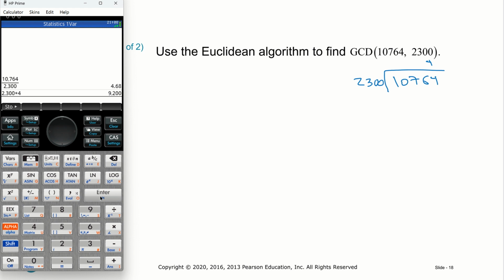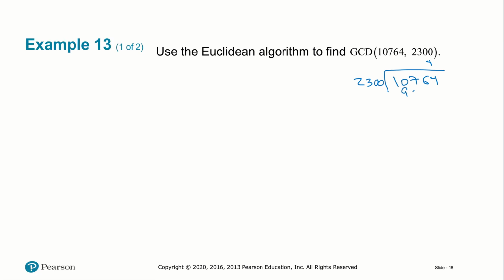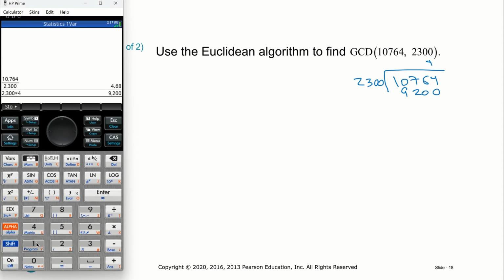So we get 9,200. And now we go ahead and subtract. So 10,764 minus 9,200. We get 1,564.